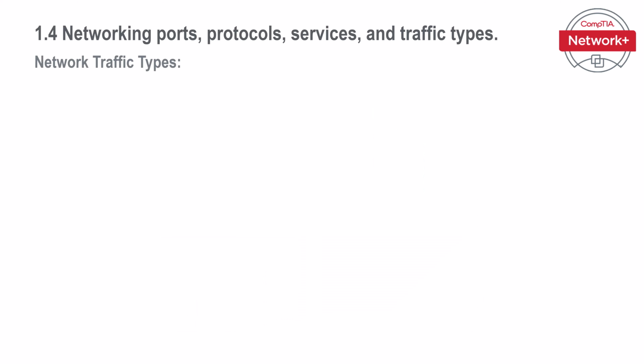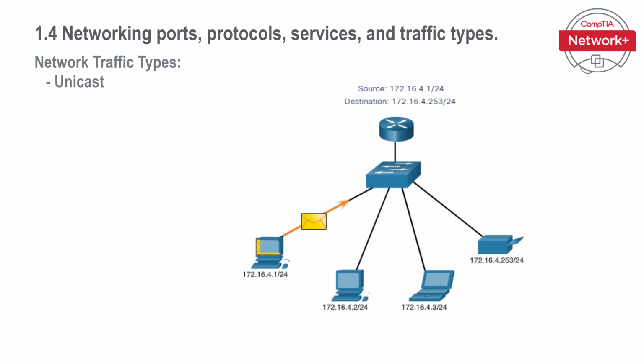Now let's shift our focus to fundamental types of network traffic. Network traffic can be classified based on how data is transmitted from a source to its destination. The most common type is unicast, where data is sent from one device to a specific destination device.